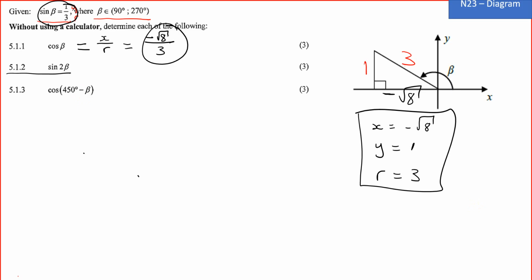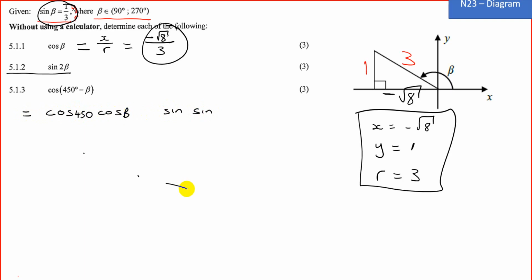Now, what we're going to use here is our compound angle formula, or we could use the rule where anything over 360 we subtract 360. I think the first one that will come to most students' minds is the compound angle formula. It's cos cos, sin sin, and the angle we're working with is 450.